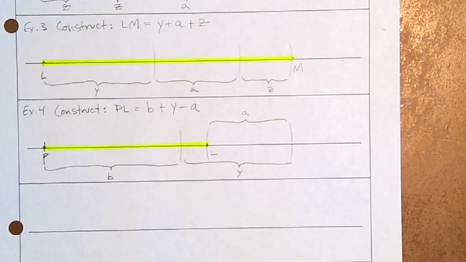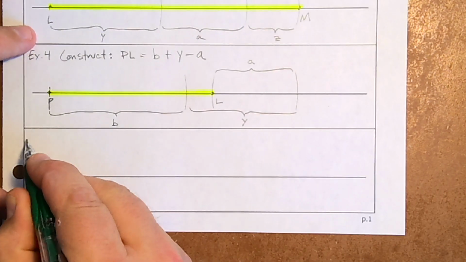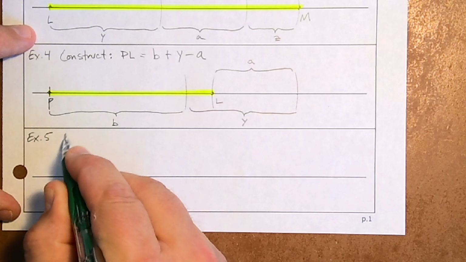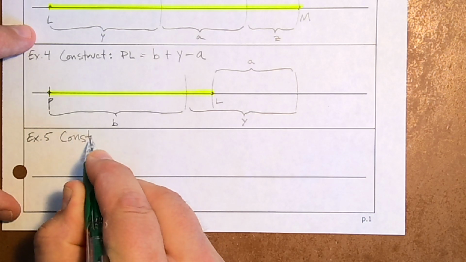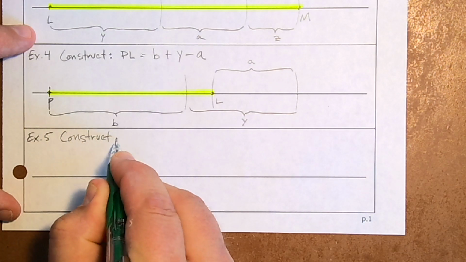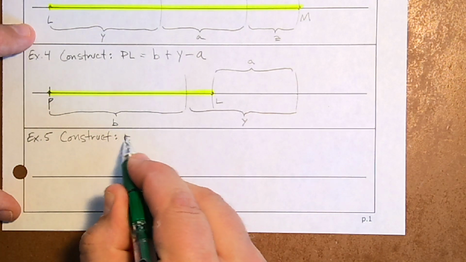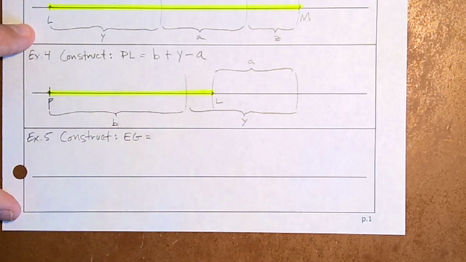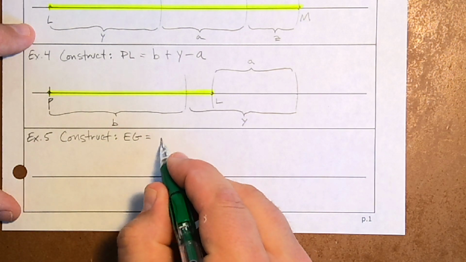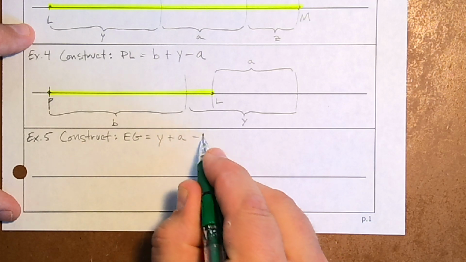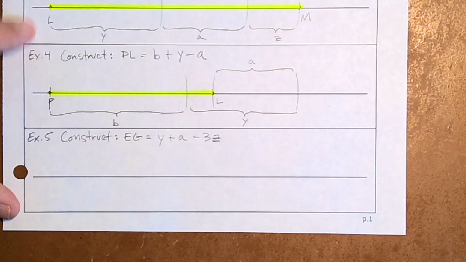Okay. You ready then? All right. Let's do example 5. You're doing this one on your own. All the way through, front to back, top to bottom, you are going to construct segment EG. And that segment is going to be y plus a minus 3z units long.